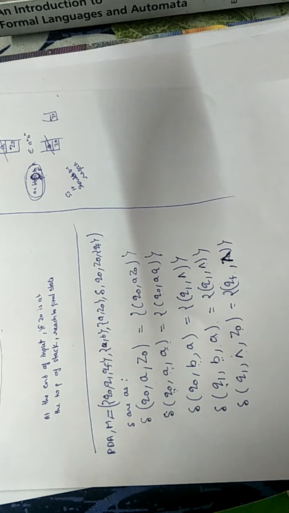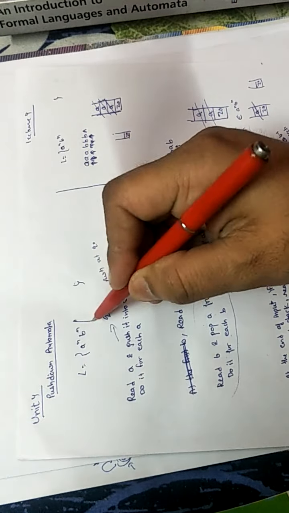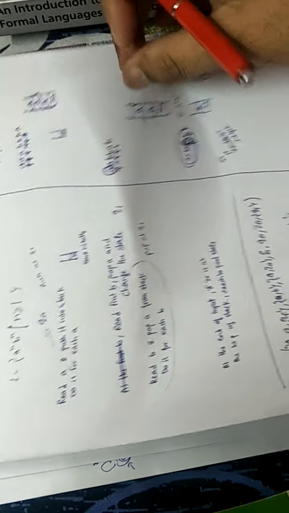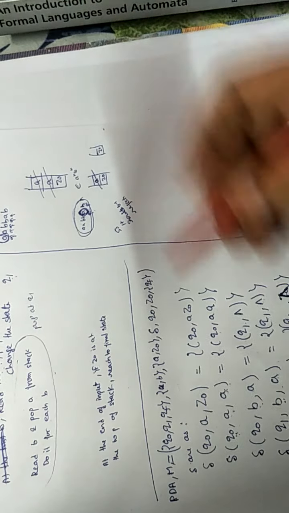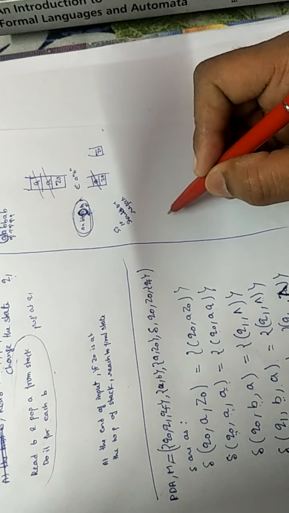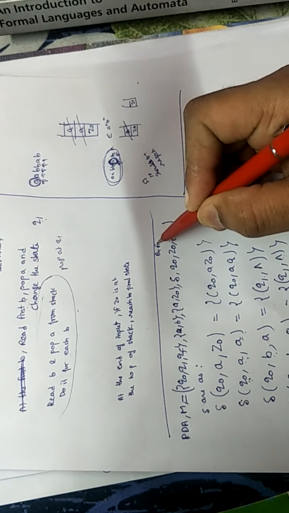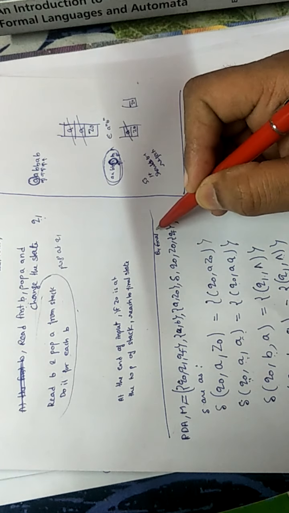So this is the PDA, and this PDA is for L = {a^n b^n | n >= 1} only. This is by final state, because we are mentioning QF as the final state.